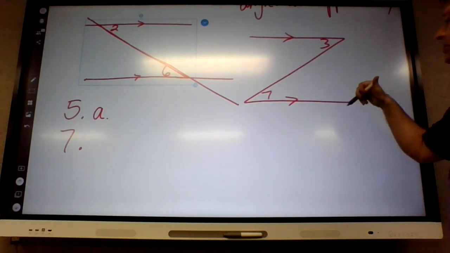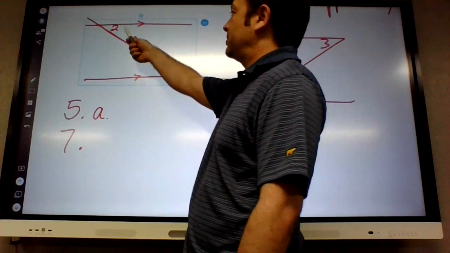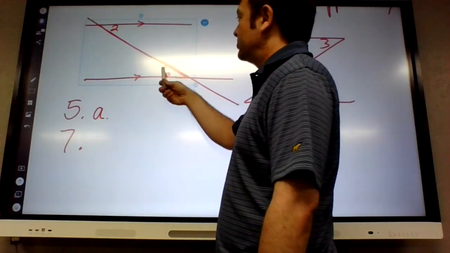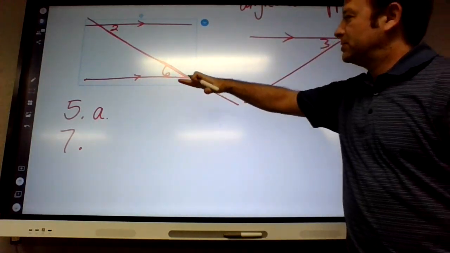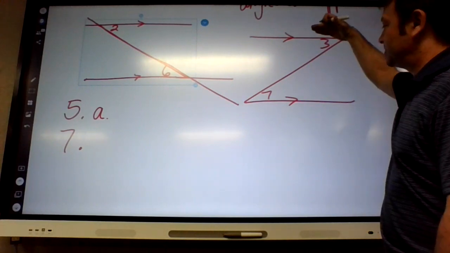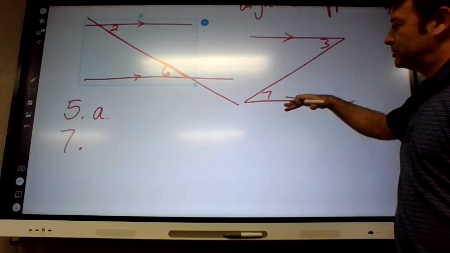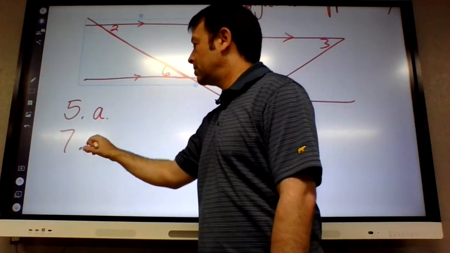And then it also says 2 and 6 are congruent again. What lines would have to be parallel in that case? Bottom and top. So both of these are just saying the bottom and top are parallel again. So it's A again.